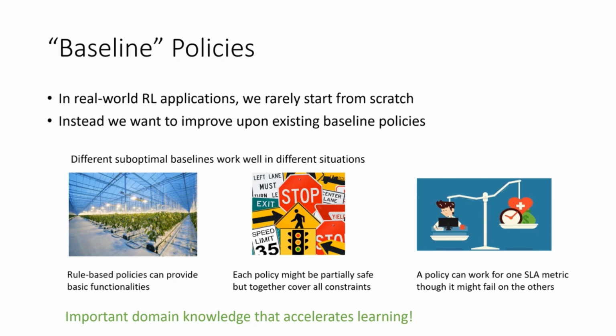But in all these settings, what we see is we can have multiple baselines, such as for individual safety constraints, that do something reasonable, but don't solve the overall problem well. And also different baselines might work well in different situations. And in this way, they provide very useful domain knowledge that we can use to potentially accelerate the reinforcement learning process.